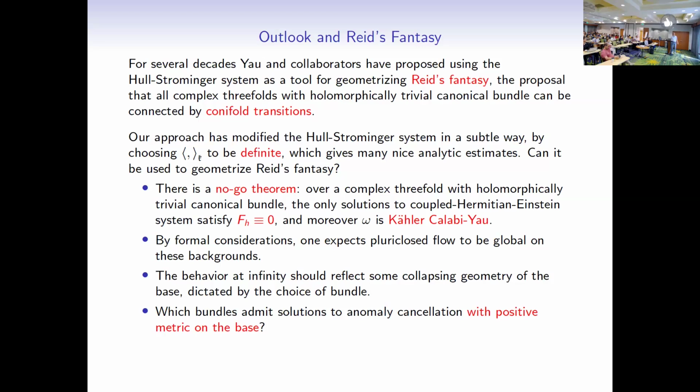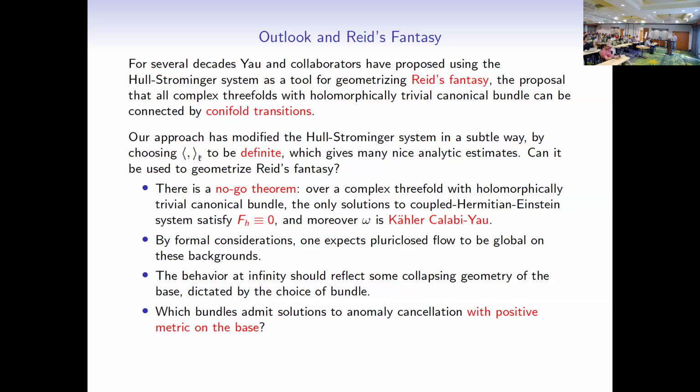And so, given that, an interesting question is: given a complex threefold with holomorphically trivial canonical bundle, which bundles admit solutions to this anomaly cancellation equation, this Bianchi identity? And of course here, just for emphasis, I mean independent of any other PDE.